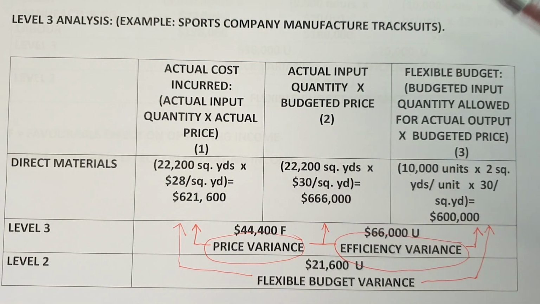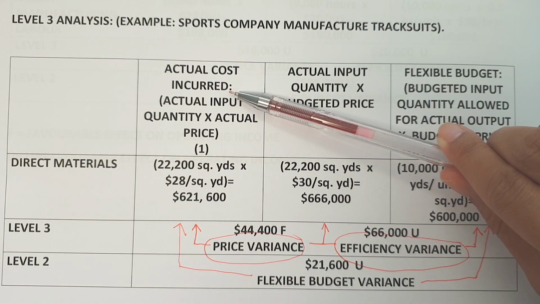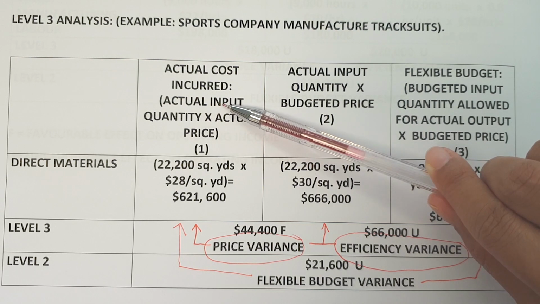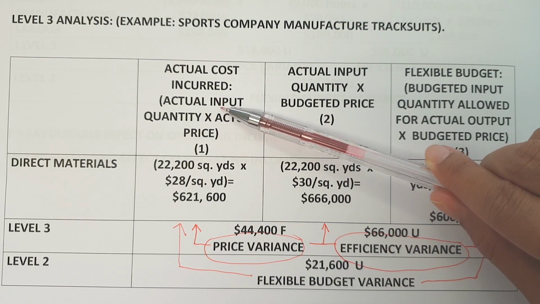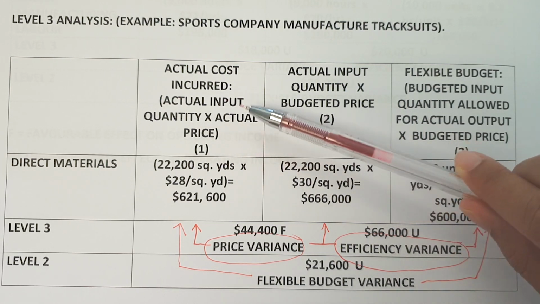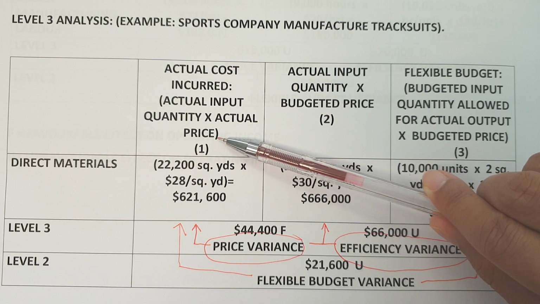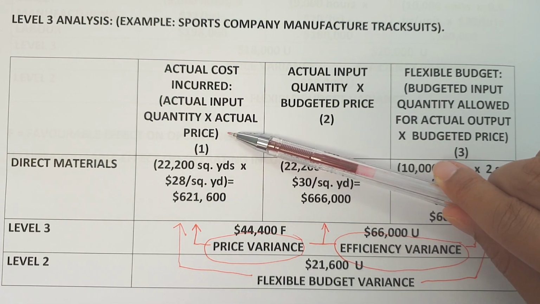Look at actual cost incurred: actual cost means it has already happened. Actual input quantity is the quantity of the input that happened, times the actual price, the price that occurred.